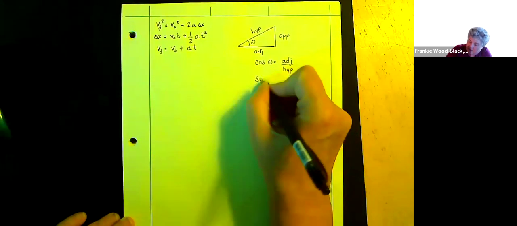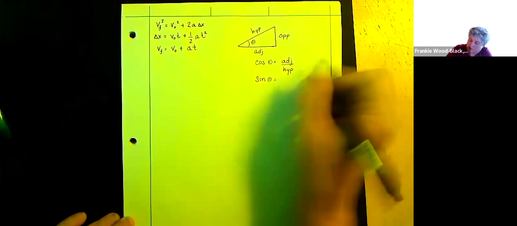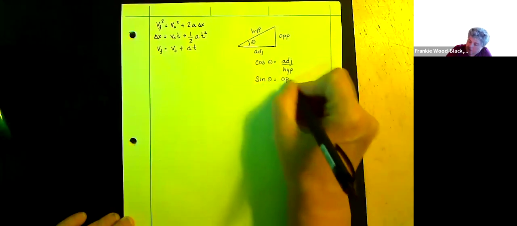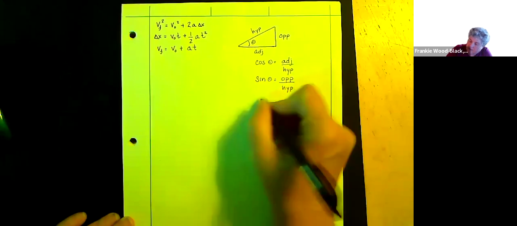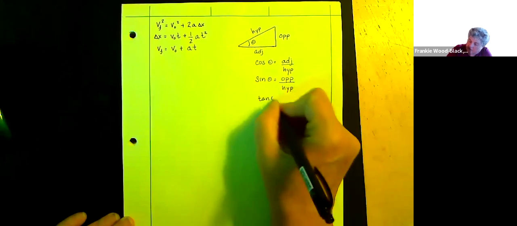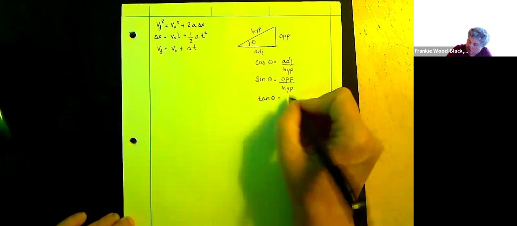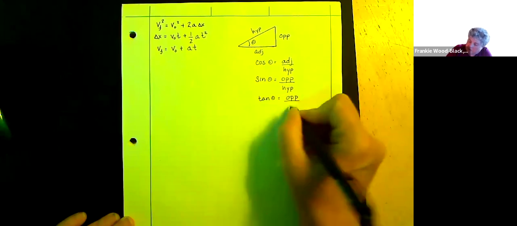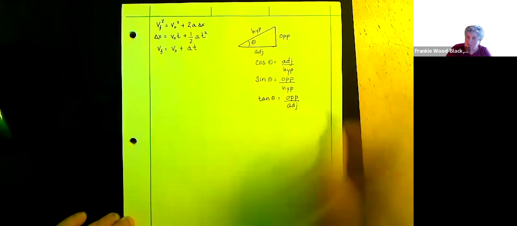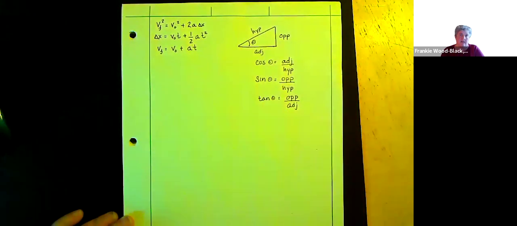The sine of the angle is equal to the opposite divided by the hypotenuse. And the tangent of the angle is equal to opposite over adjacent. So you've got your toolkit ready to go and you can play with it.